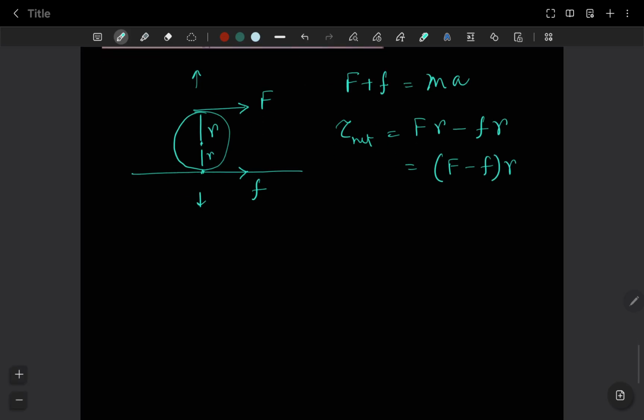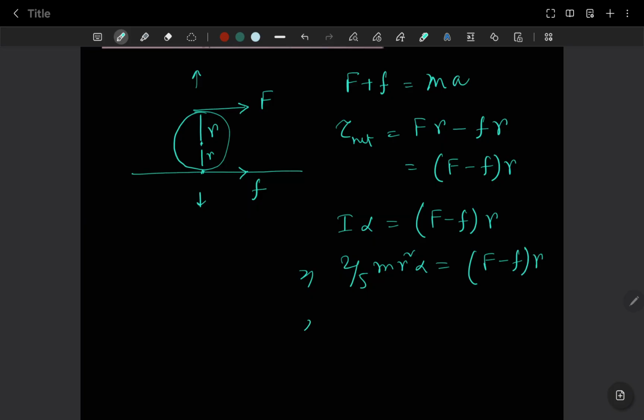Now let us write the equation of motion for rotation about the center of mass: net torque is I alpha. So it is (F minus f) into R equals, for a solid sphere, 2 by 5 mR square alpha. So F minus f becomes 2 by 5 mR alpha.